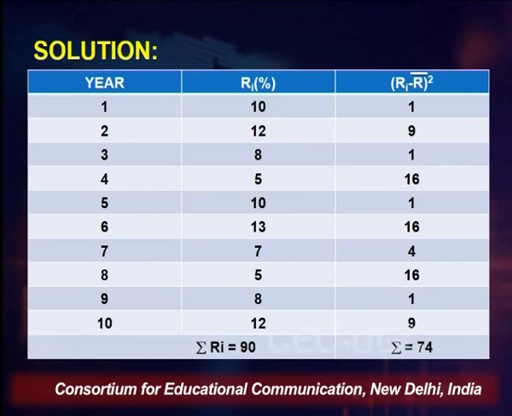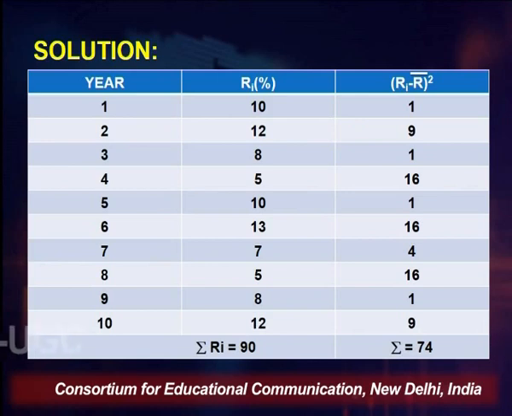And you will calculate the average return. 90 is the sum total of 10 years' return, the time period is 10 years, so 90 divided by 10 comes to be 9%. It means the average return over a period of time for this asset is 9%, right? I have not calculated it, I am telling you. So you make a summation of the total return, divide by the number of years, that gives you the average return.